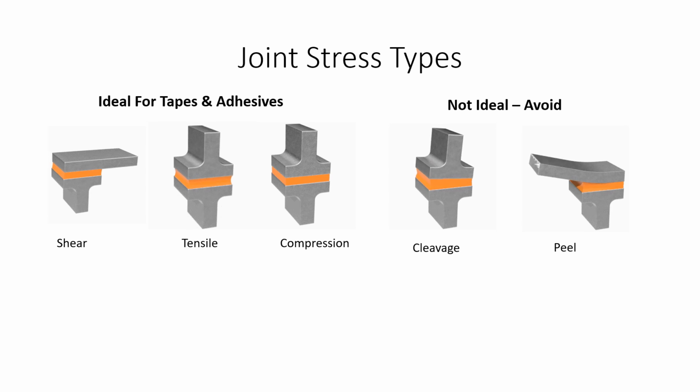So same exact prime force, but again, the bond line is reacting a little bit differently than cleavage because of that flexible material. So applications that see shear, tensile, and compression, good candidates for tapes and adhesives. Applications that see cleavage and peel, not great for adhesives and tapes.